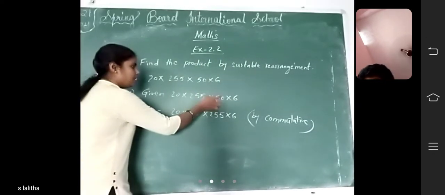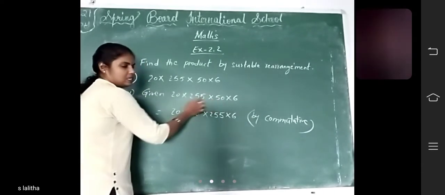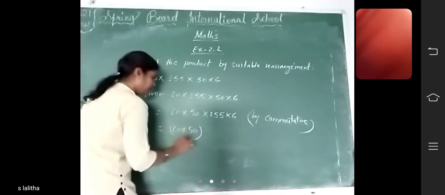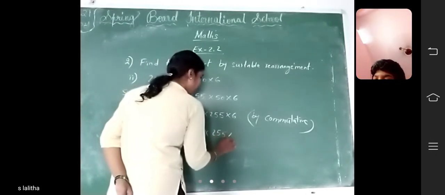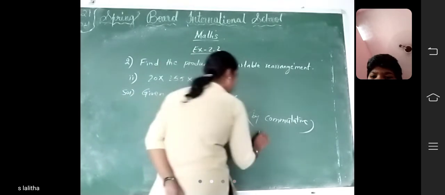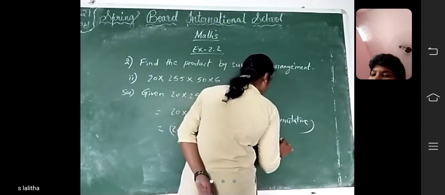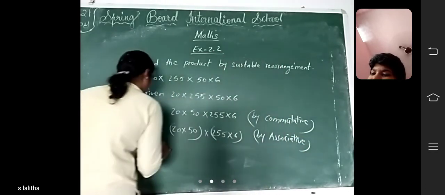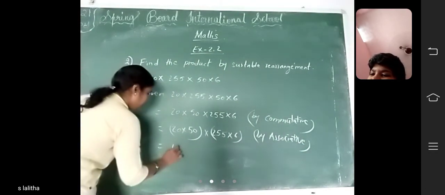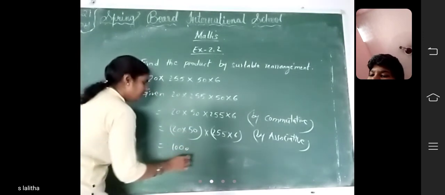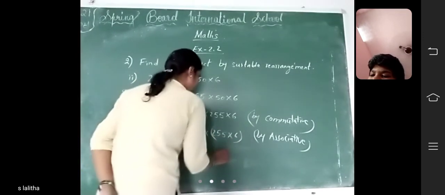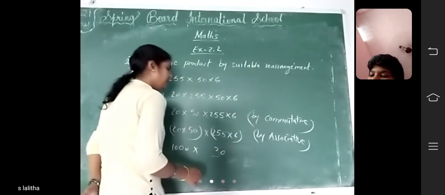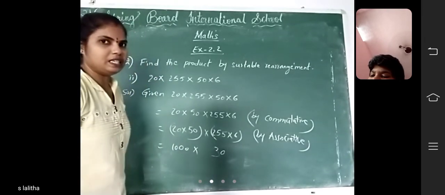Okay, I am rearranging these numbers: 50 into 255. Now 20 into 50, into 255 into 6, by associative. 2 5s are 10. 2 zeros are there now. 1000 into multiply this one. 6 5s are 30. 6 5s are 30 plus 3, 33. 3 is remaining. 6 2s are 12 plus 3, 15.